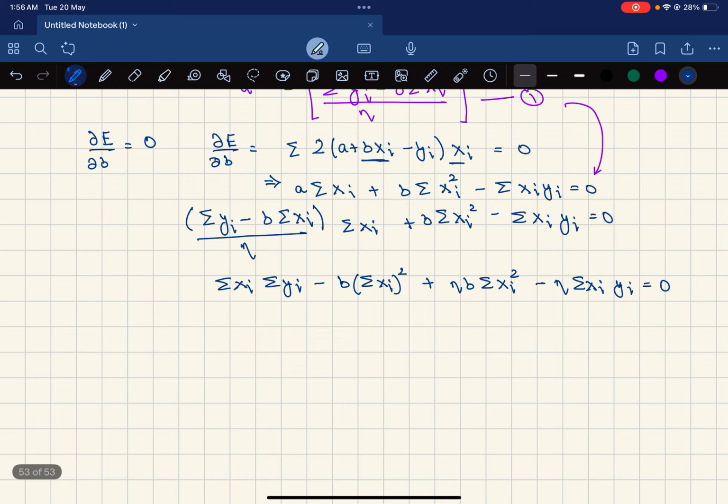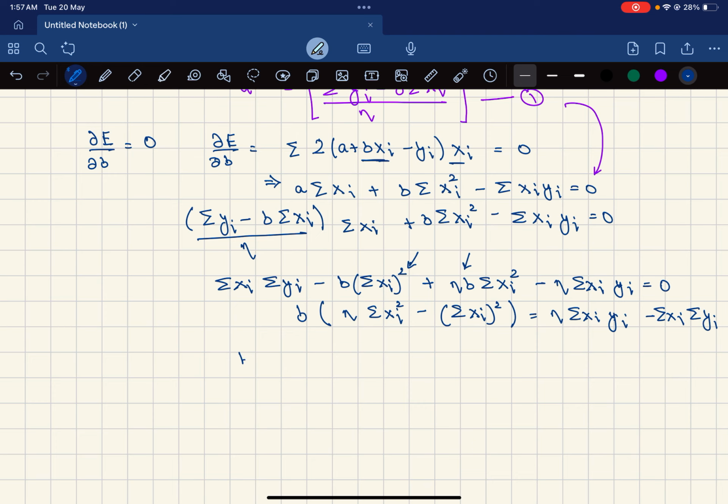Now we can bring b on one side and find the value of b. So b times n summation xi square minus summation xi whole square. So we use these two terms, and then the remaining ones are on the other side, n summation xi yi minus summation xi summation yi.